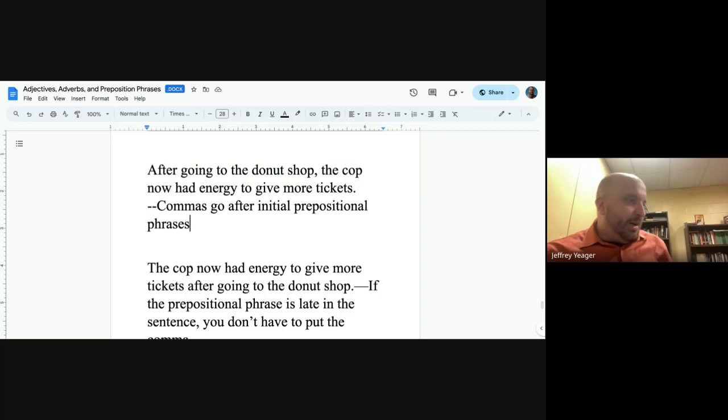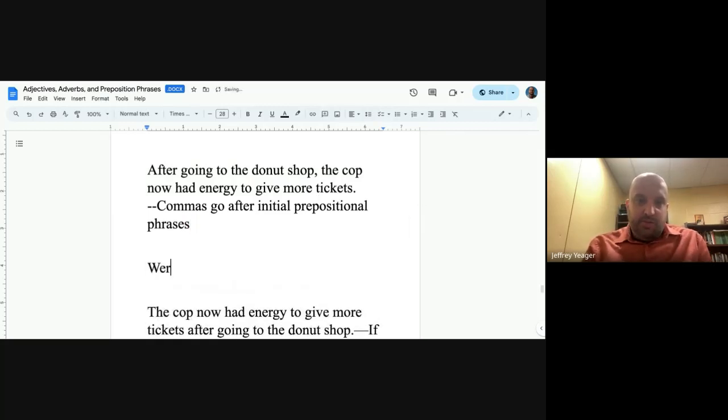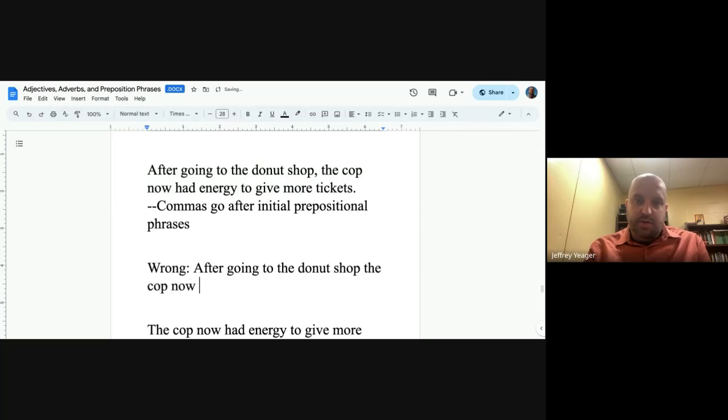Probably one of the most common mistakes I see in writing is people who do not put the comma when the preposition goes first. So a lot of people would write it this way. That's wrong.